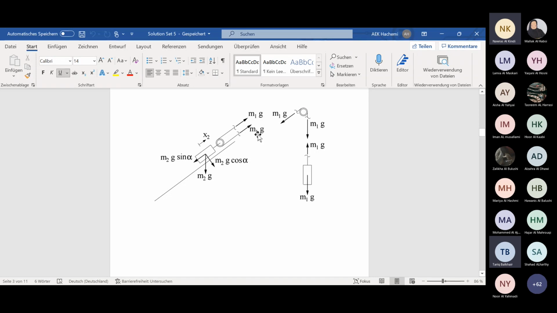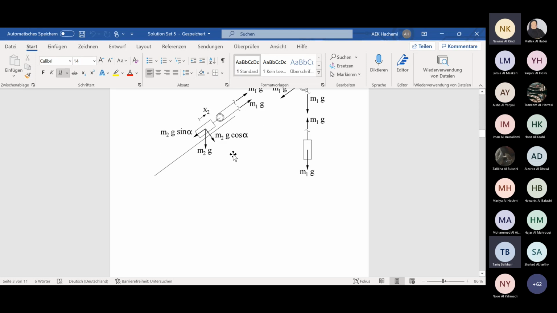Now, if I take this part before writing the equations, that's what we have.